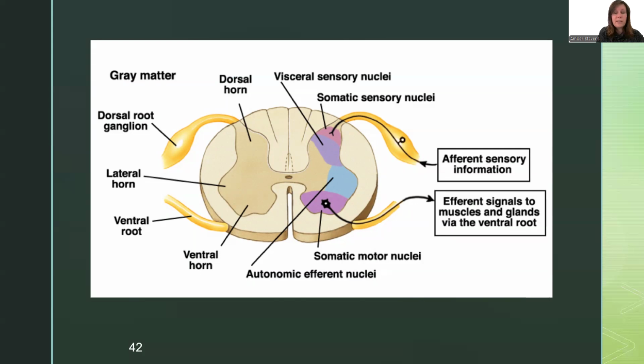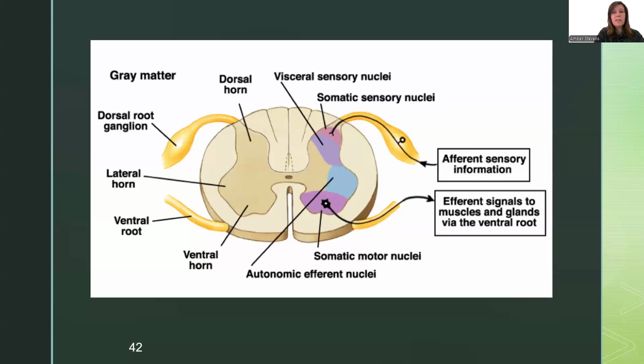If we look in this figure, you have your ventral root, which is your anterior root. That contains your motor or your efferent fibers. These fibers originate from the motor neurons in the ventral horn of the spinal cord, and they transmit signals from the brain to the muscles or glands.